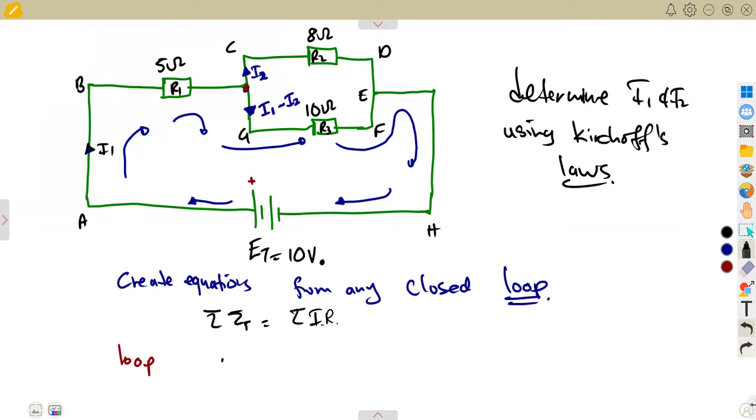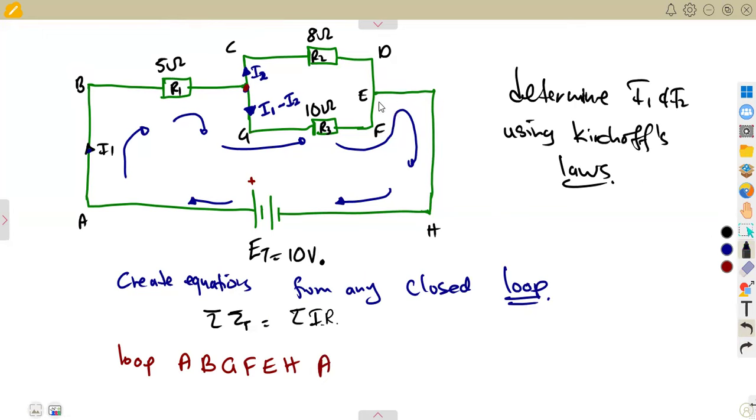So from this loop, okay, let's take our loop. It's going to be A to B to this point G, from G to F, from F to E, from E to H, from H back to the point A. So if you consider from the point E, I want you to see what is happening.